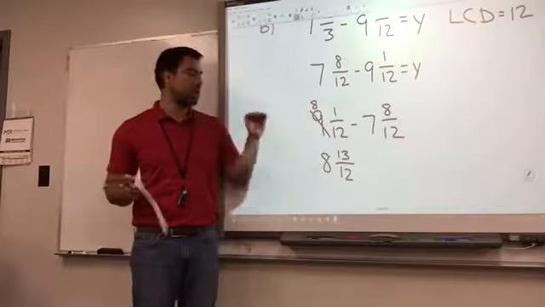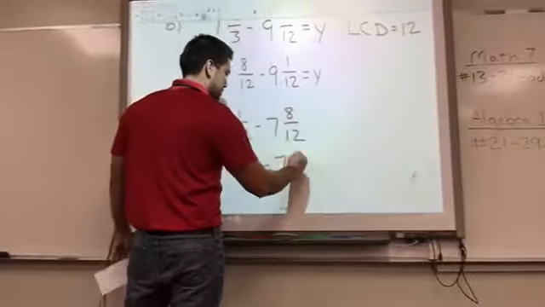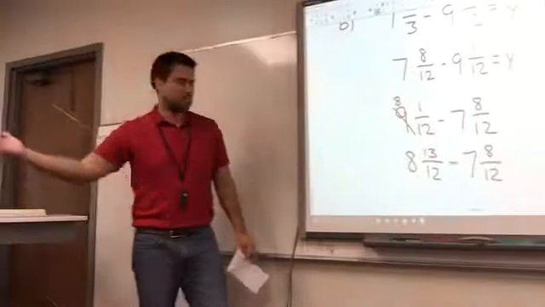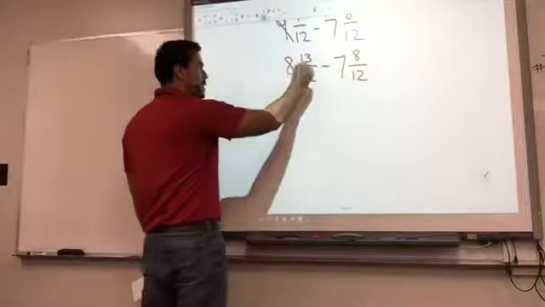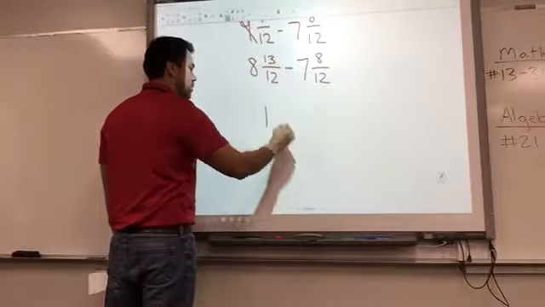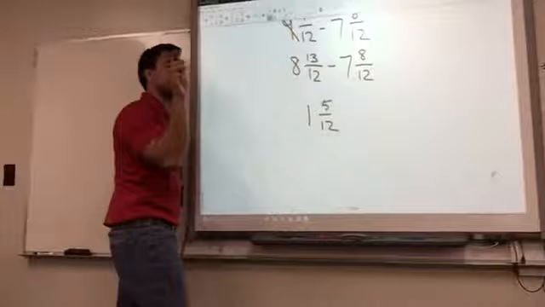And that gives me 13/12. Oh no, you're not adding the denominator. Okay. Very good. So can I do 8 minus 7? 1. Can I do 13/12 minus 8/12? 5/12. So y equals 1 5/12.